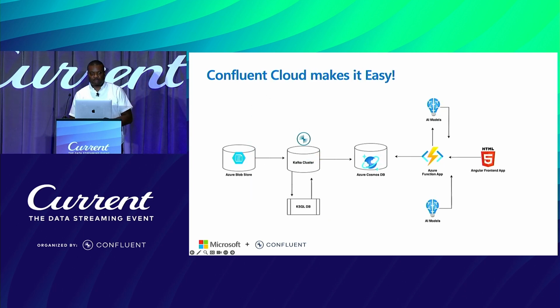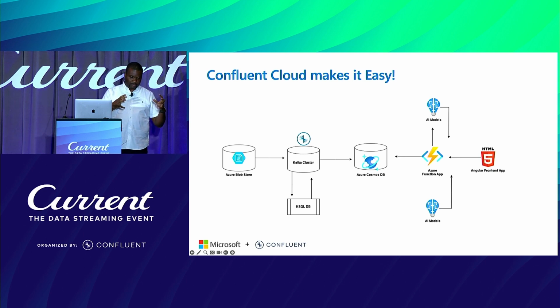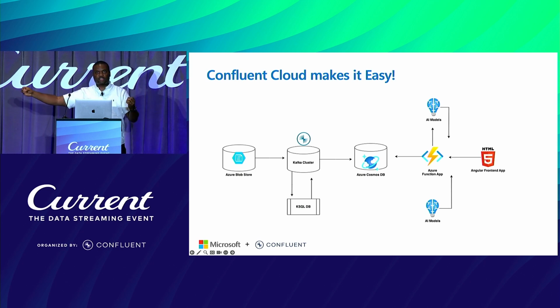So how do we make this simple with Confluent Cloud? Confluent has this Kafka service, and if you're not familiar with Kafka, Kafka is like a database table where you put in information like messages, and as you put it in, it forms a kind of queuing system.